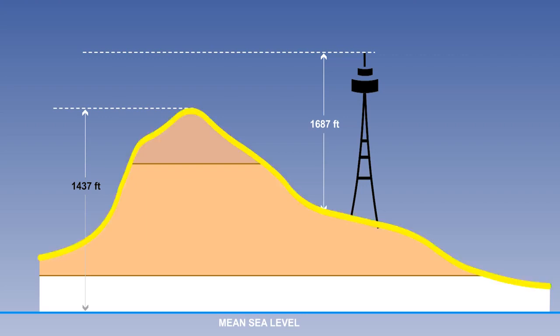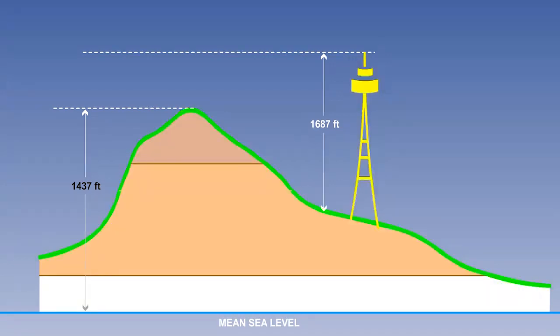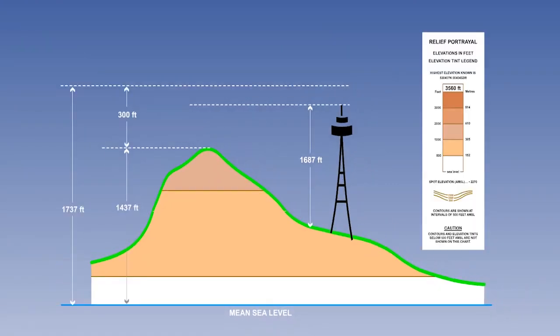As an example, assume that a rectangle includes both a hill of elevation 1437 feet and a TV mast of elevation 1687 feet. The elevation of the TV mast is known. It's 1687 feet.